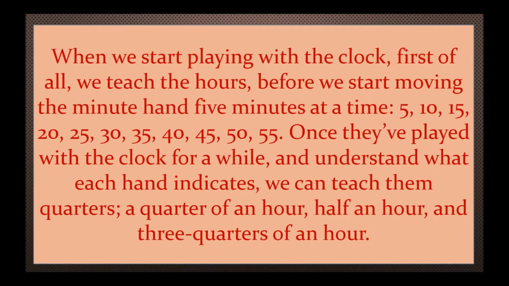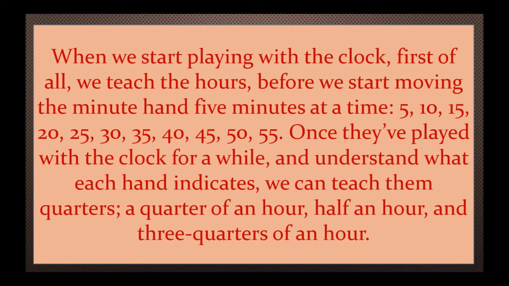When we start playing with the clock, first of all, we teach the hours before we start moving the minute hand 5 minutes at a time. 5, 10, 15, 20, 25, 30, 35, 40, 45, 50 and 55.